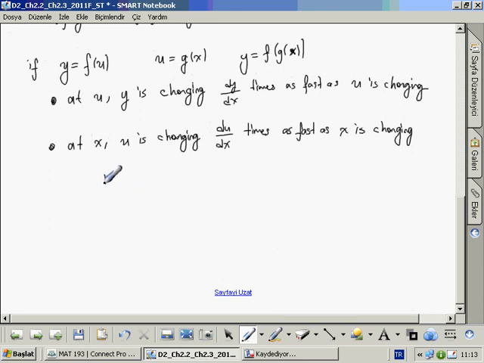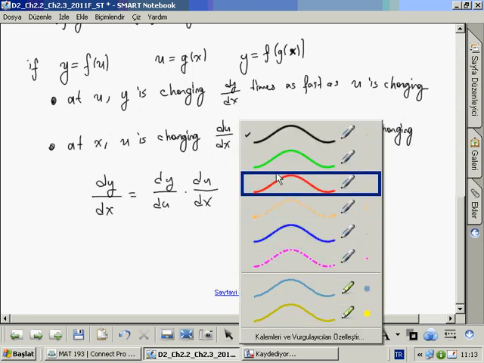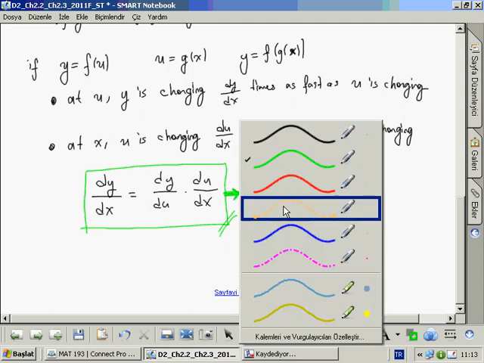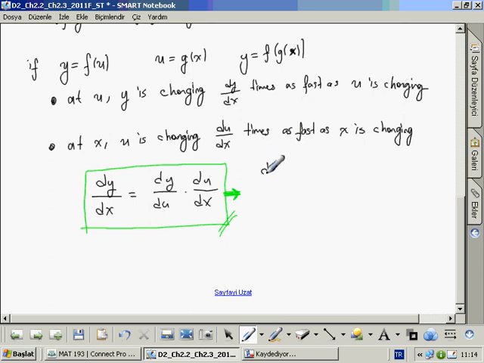And del y over del x equals del y over del u times del u over del x, where del y over del u is evaluated at u equals g of x. This is the chain rule.